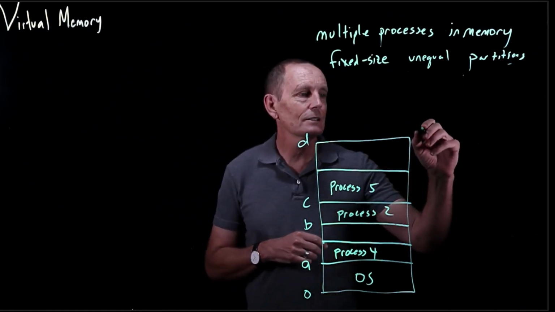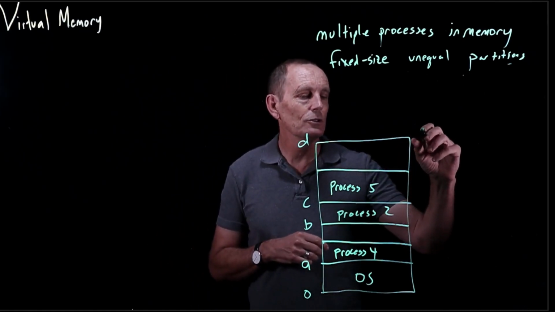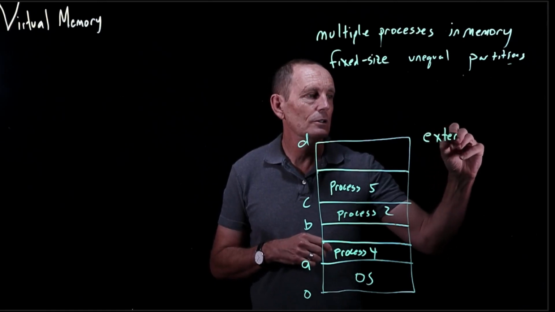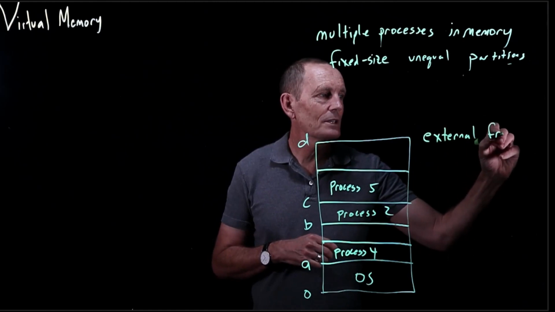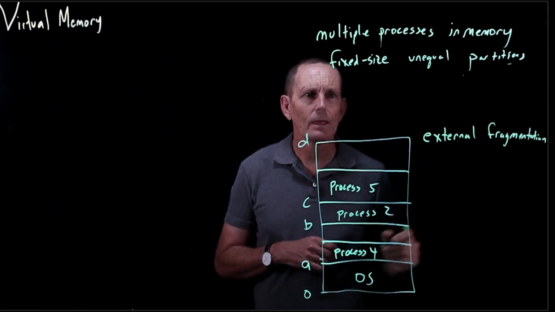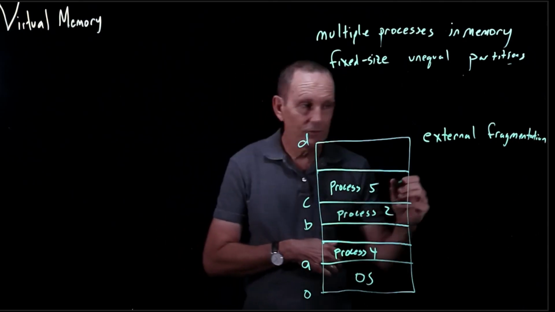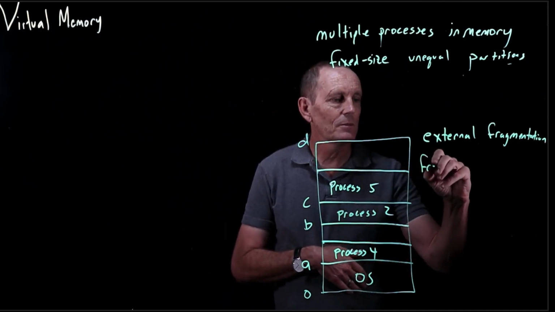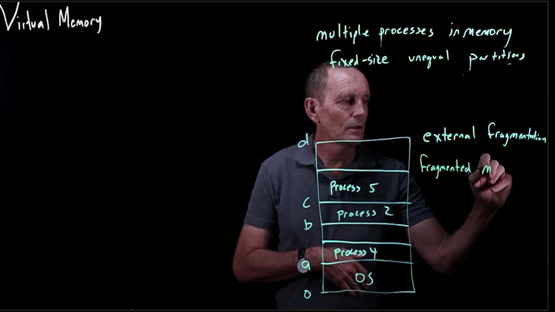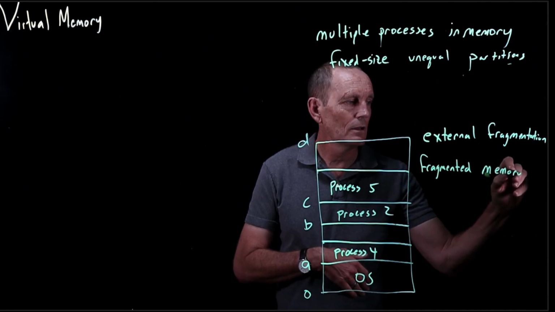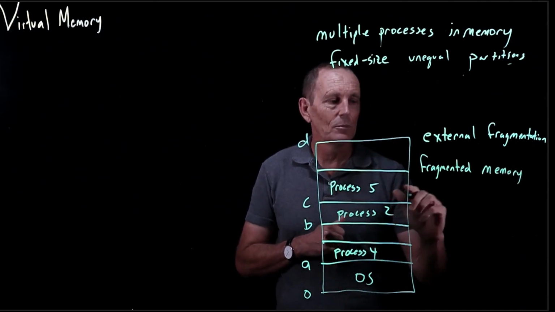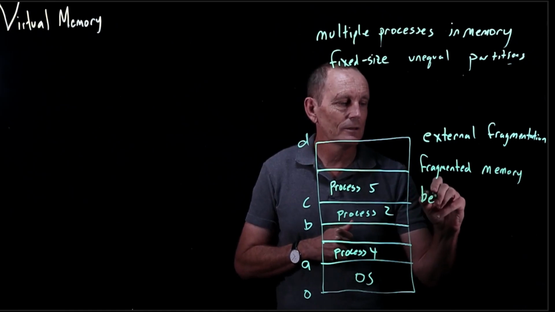So process 6 can't run due to external fragmentation. That is, we've got fragmented memory. Not within an allocated block, right, but between allocated blocks.